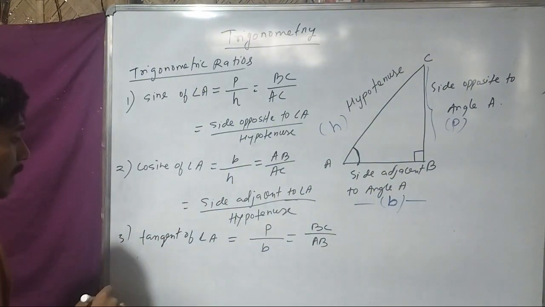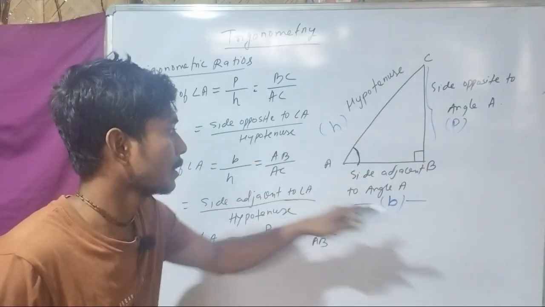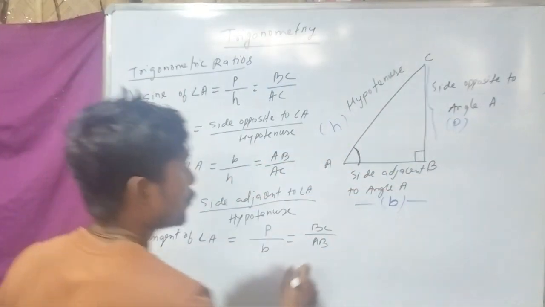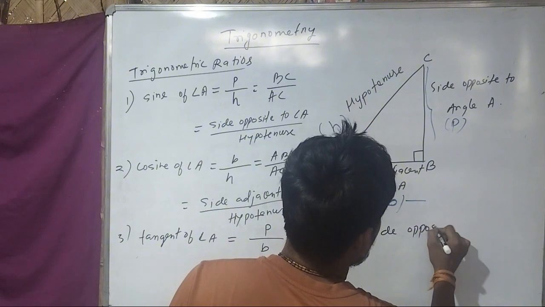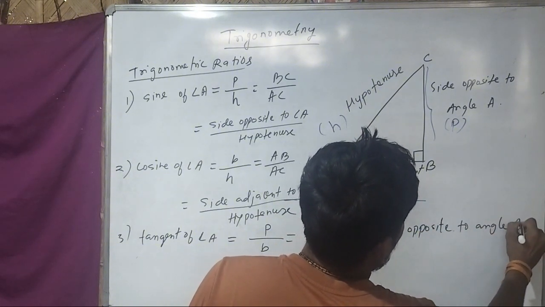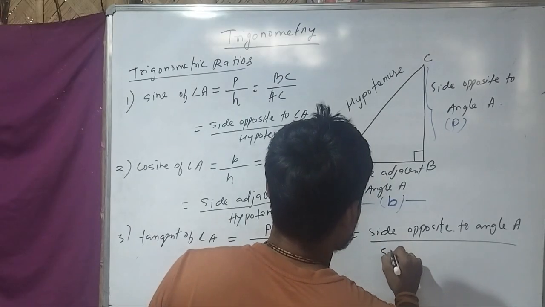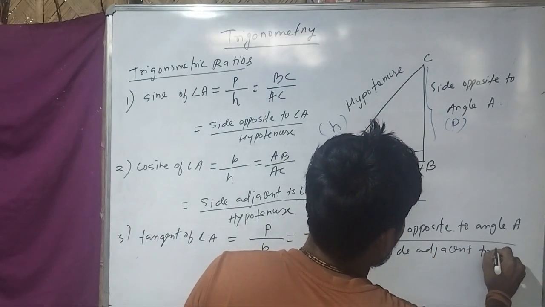BC is the side opposite to angle A, and AB is the base. So tangent is side opposite to angle A divided by side adjacent to angle A.